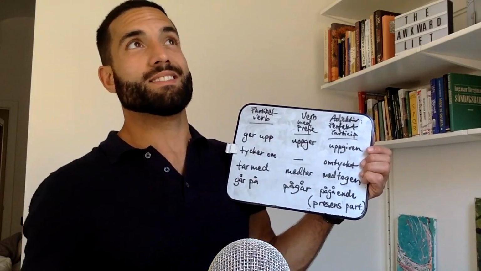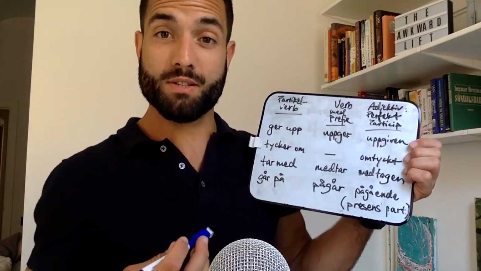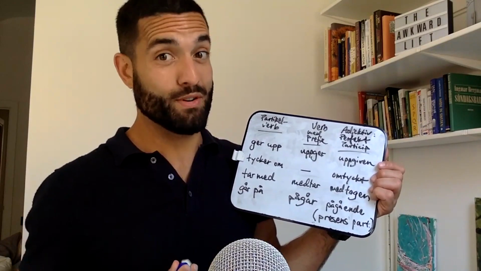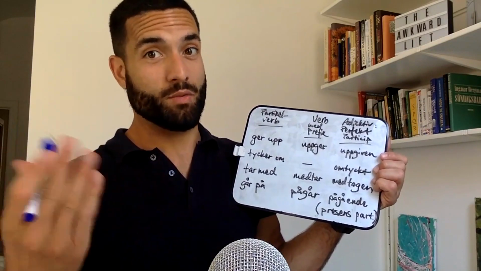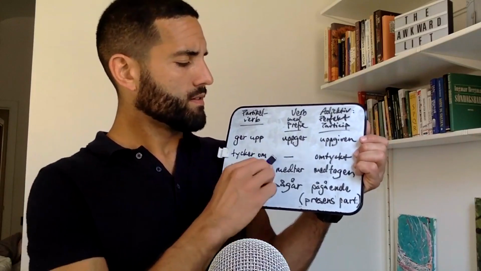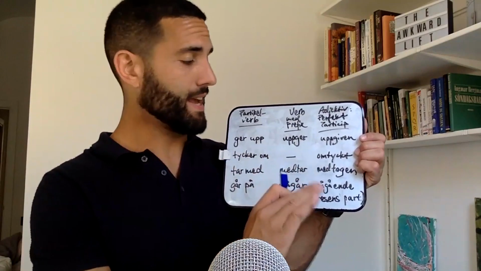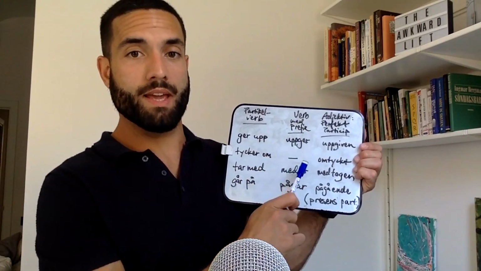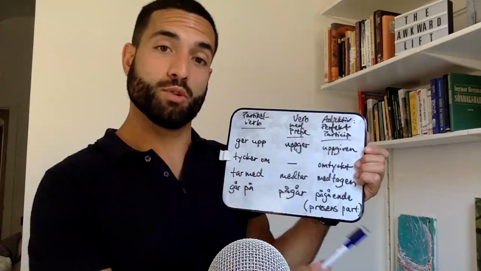Omtycker. That's not really a verb that we have in Swedish. Omtycker. We don't say that. I have never heard of it, and I don't find it when I search for it. So that's a bar, streck. But there's an adjective that you can make out of tycker om, which is omtyckt.